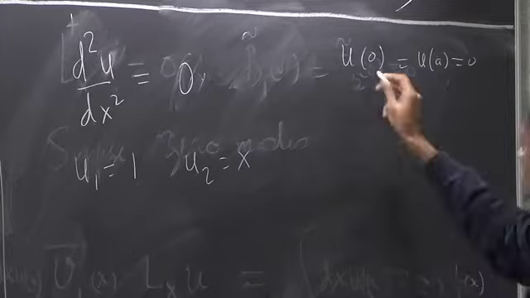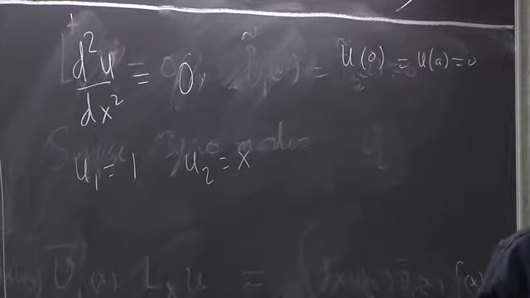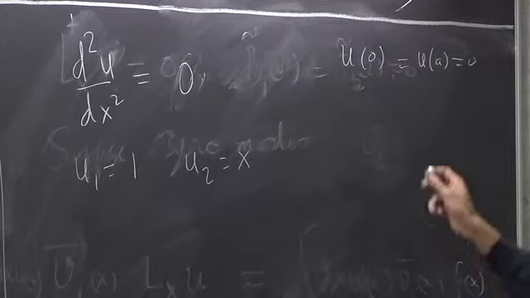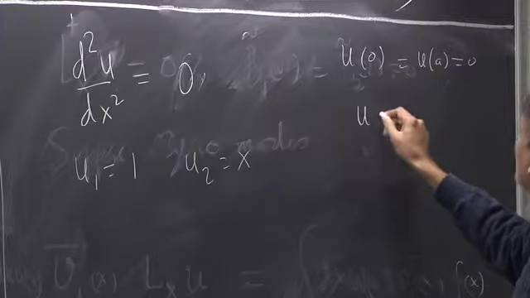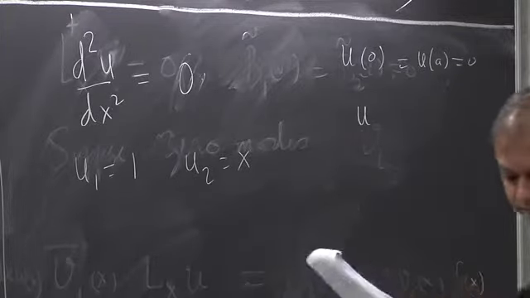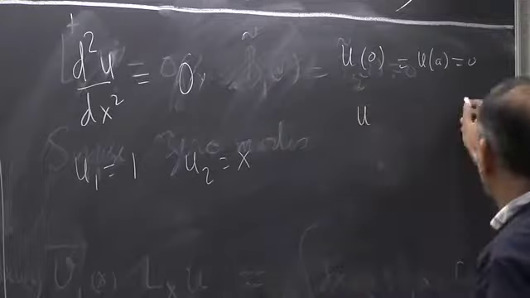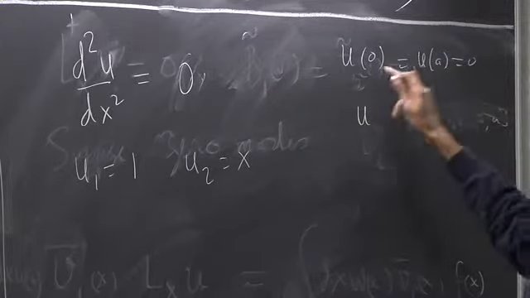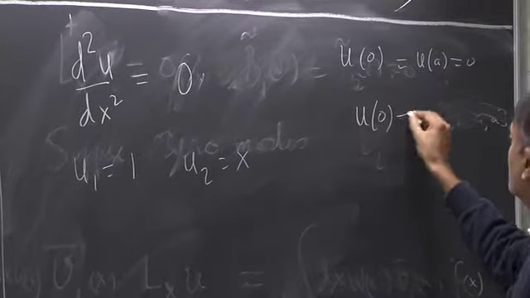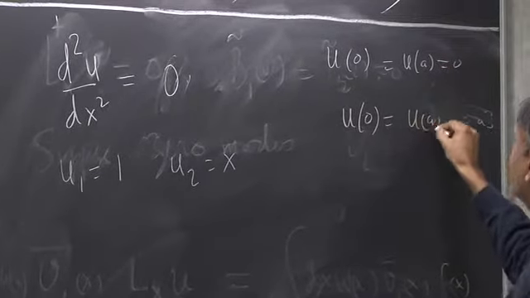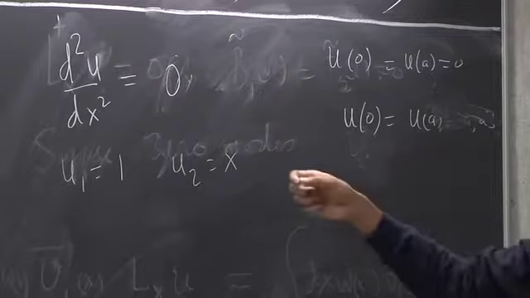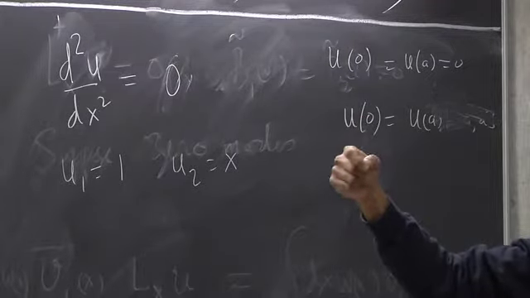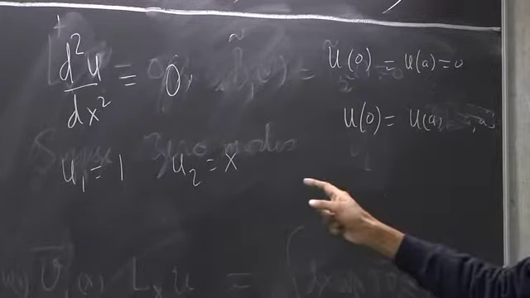But suppose instead of choosing this, let me choose a periodic boundary condition. Here they have taken the interval minus a to a, but it doesn't matter, let's keep the same. So we choose U0 equal to Ua. It is a periodic boundary condition. At the two endpoints, the values of U are the same, but this is only one boundary condition. We need two.